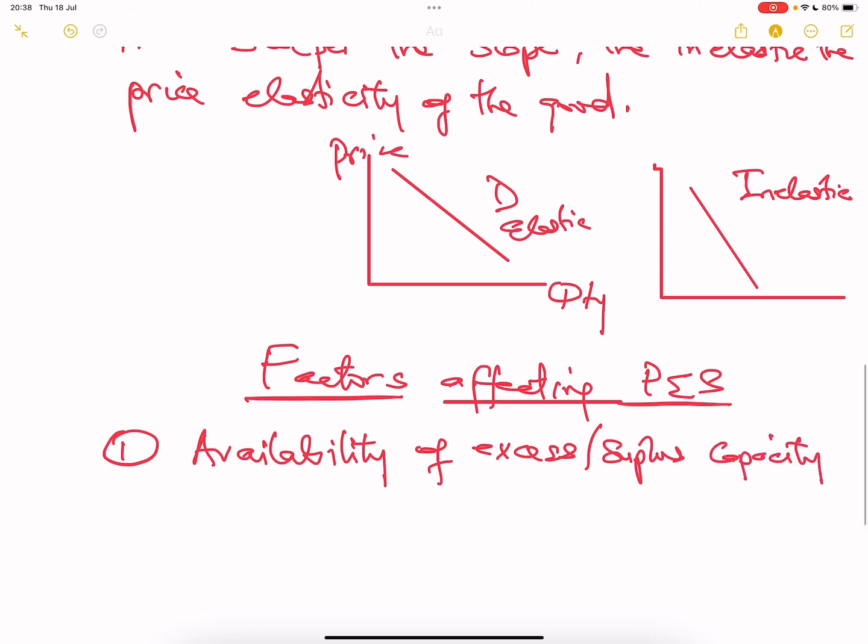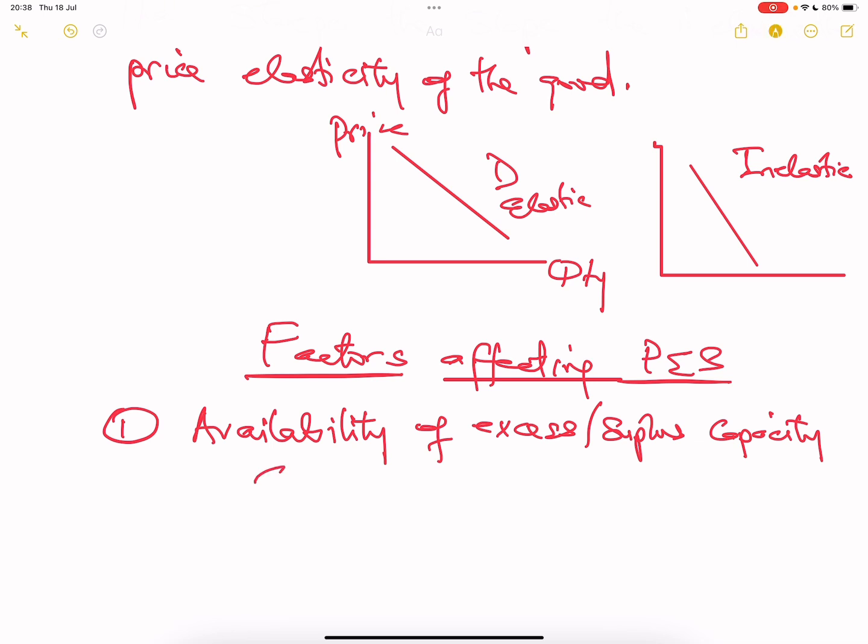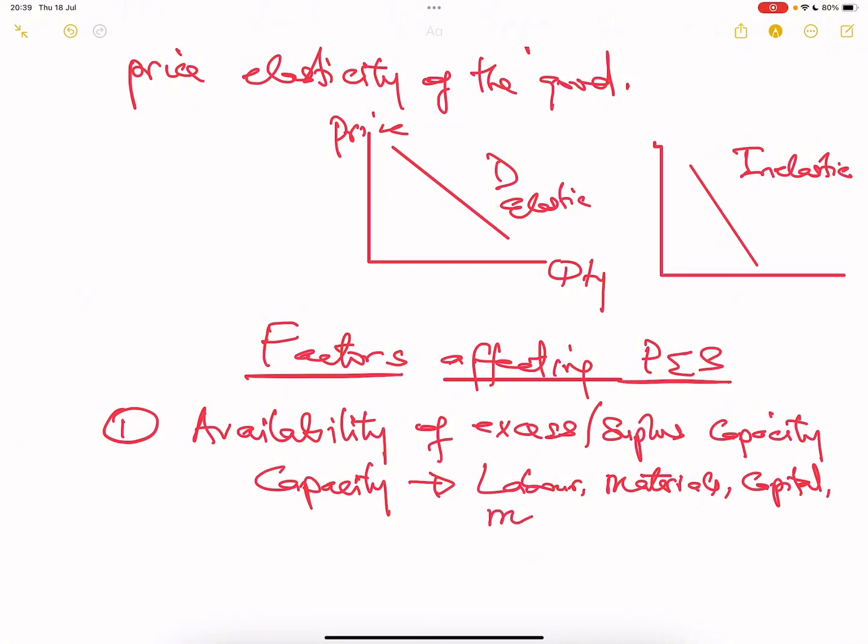What are we talking about here? When we talk about capacity in production, we're talking about availability of all the factors of production. We're talking of labor, materials, money, that is capital, machines, etc. Everything you need to produce.